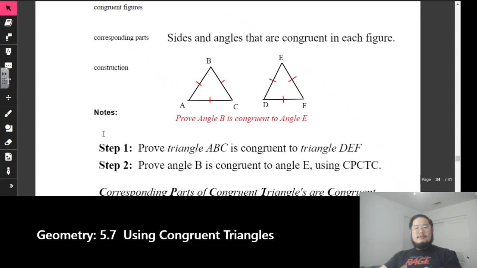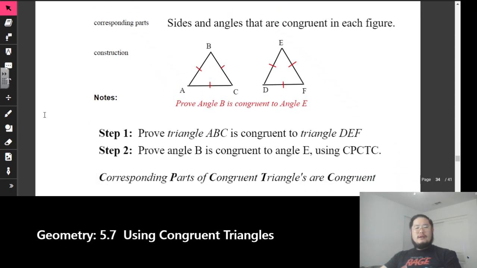And what does CPCTC stand for? Corresponding parts of congruent triangles are congruent. Okay, and so you don't want to write corresponding parts of congruent triangles are congruent each and every time you prove something here. So we'll go ahead and abbreviate that with CPCTC.